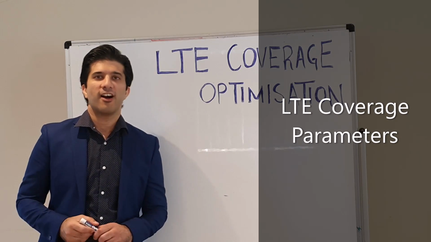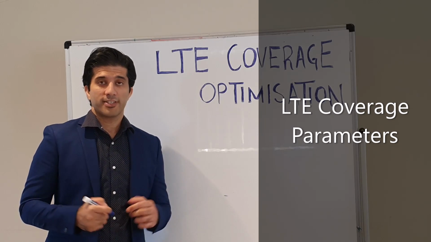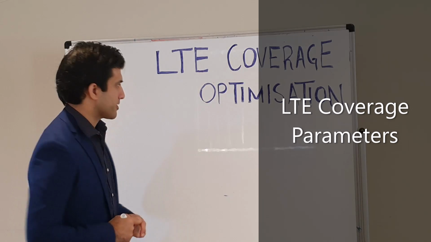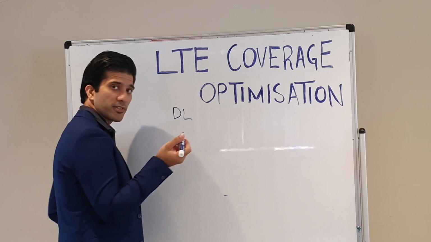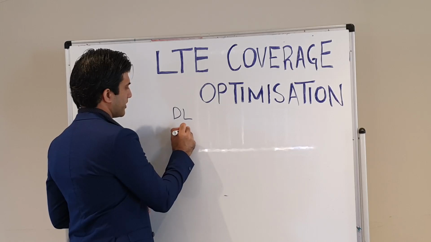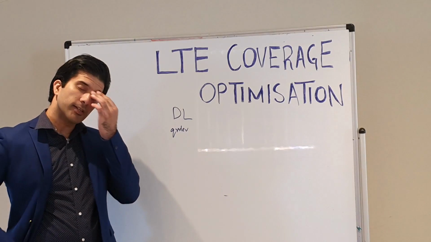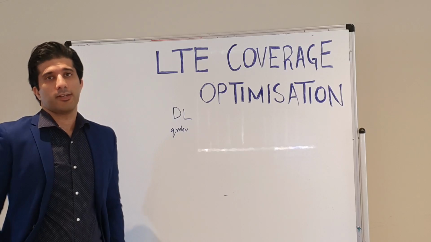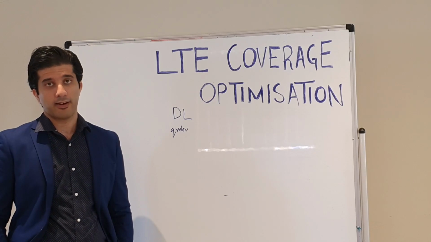So we are at the last part, and that is the parameters. We'll discuss first the downlink parameters. So here are the downlink. The first parameter is a very basic parameter, and that is your QRxLevMin. QRxLevMin is basically your minimum threshold required to access the LTE cell in idle mode.